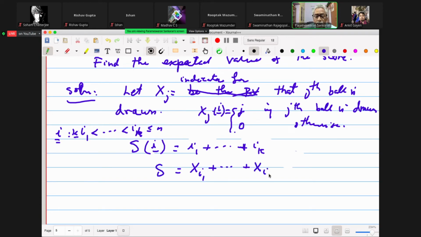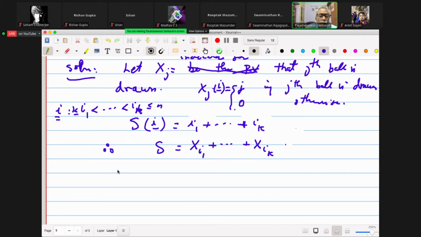This is the best way to write it. Therefore s is equal to this. And what you need is the expectation of s, but that is the same thing as the expectation of xi1 plus blah blah blah plus the expectation of xik.